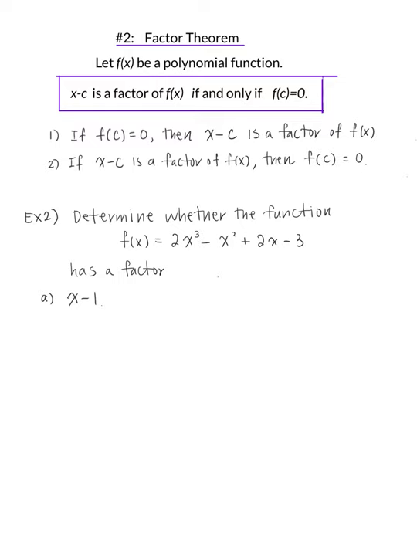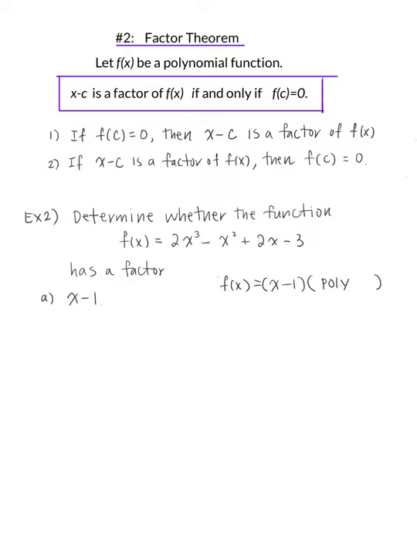So basically what the question is asking you to do is this. If x minus 1 is a factor, then you should be able to write your f of x as x minus 1 multiplied by some other polynomial. Now when you multiply it out, you better get the given function. But anyway, let's apply the factor theorem.